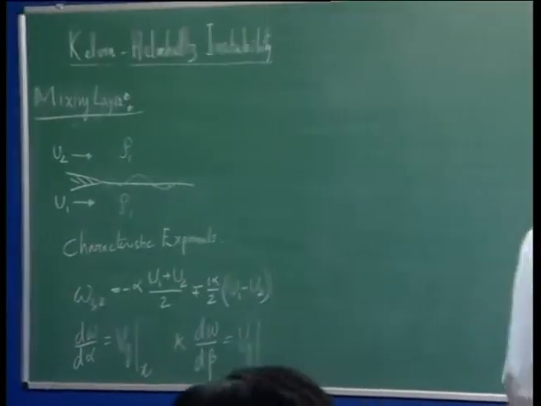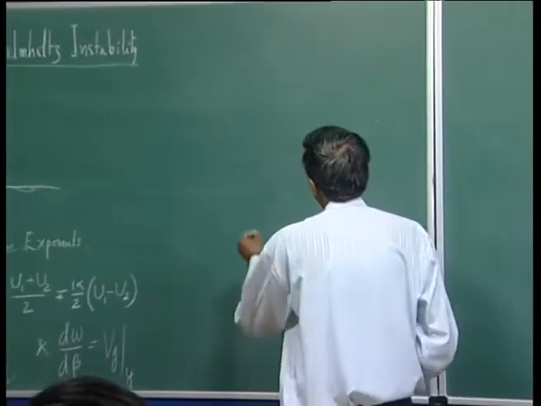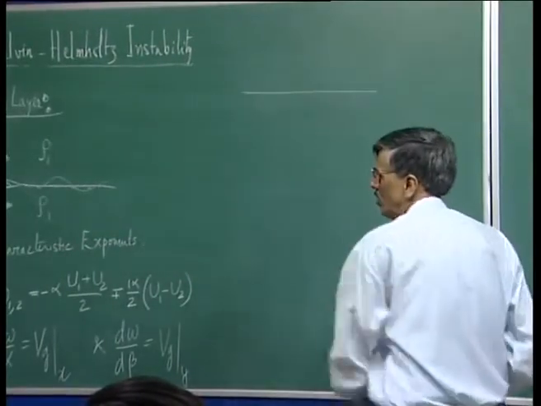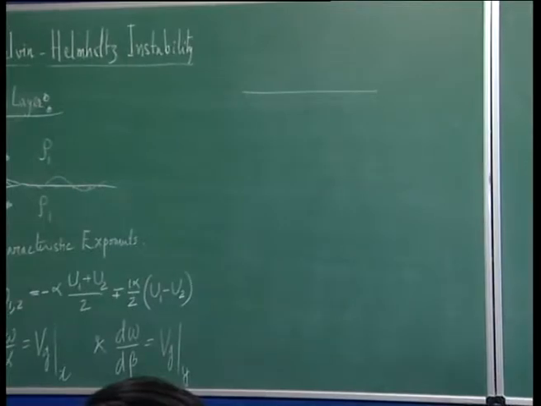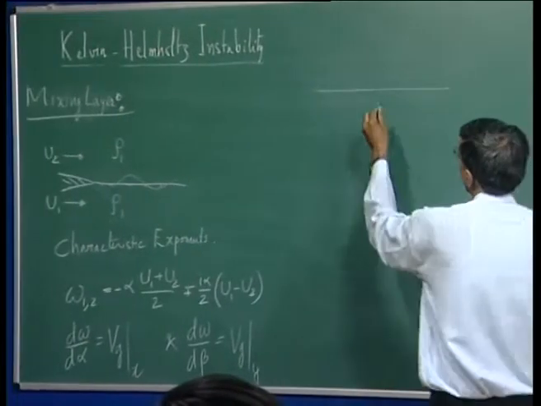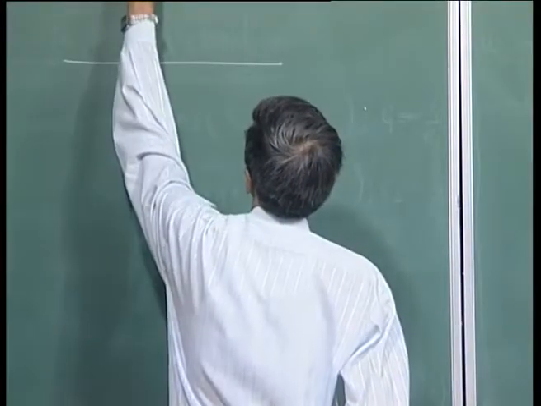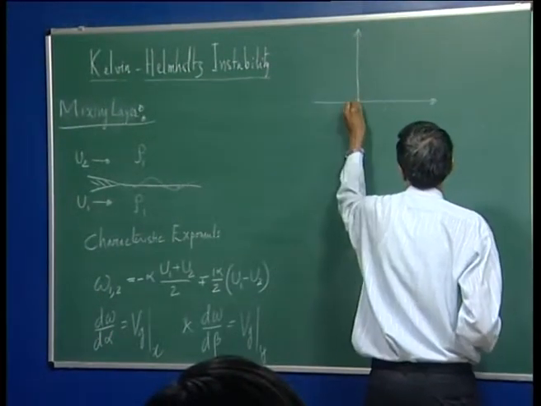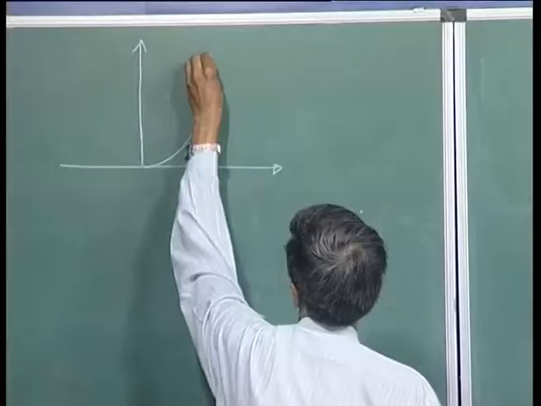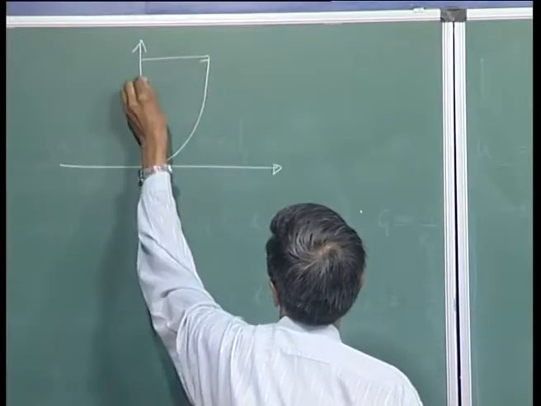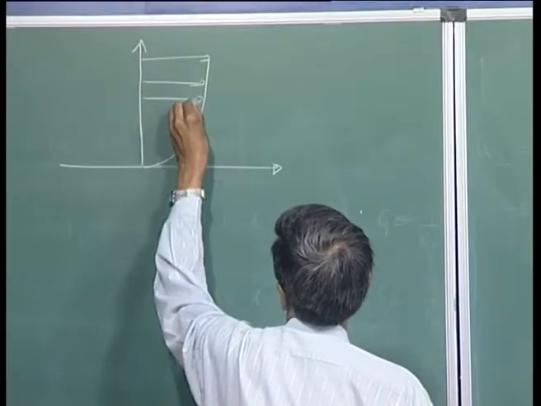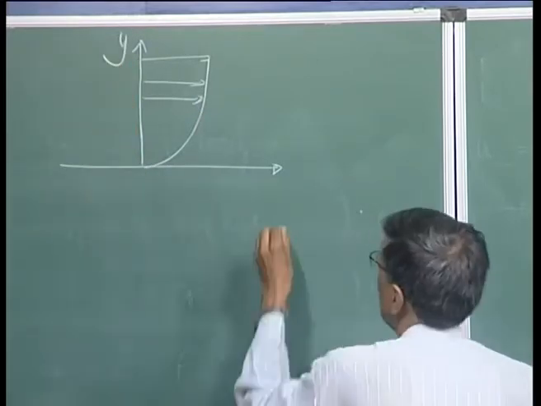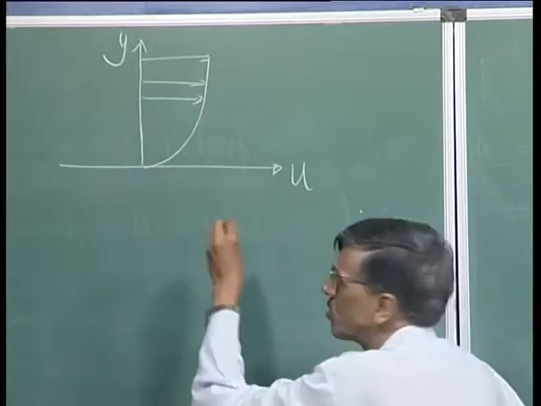So basically then we can study the flow field which has this detailed variation of the velocity profile given like this. So at different heights, I am going to get this kind of velocity distribution.